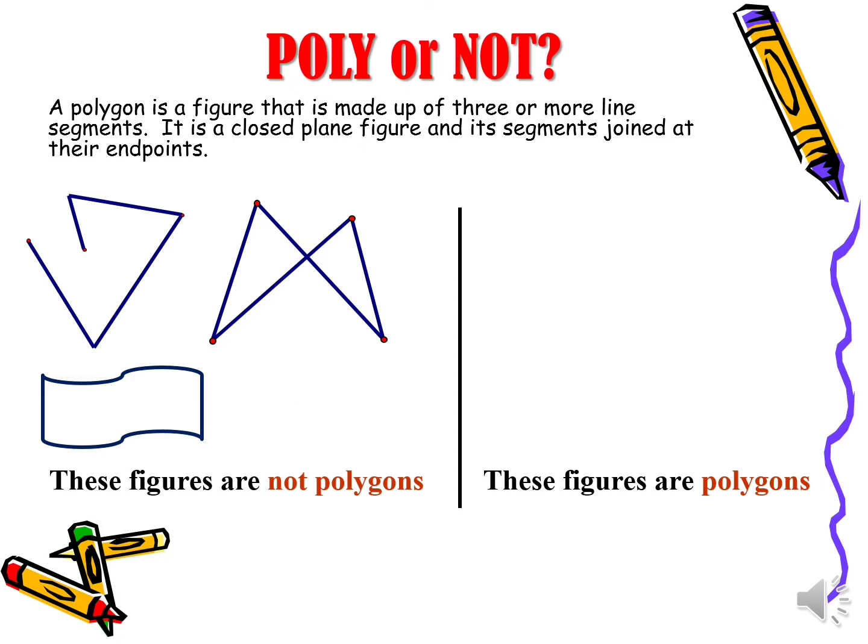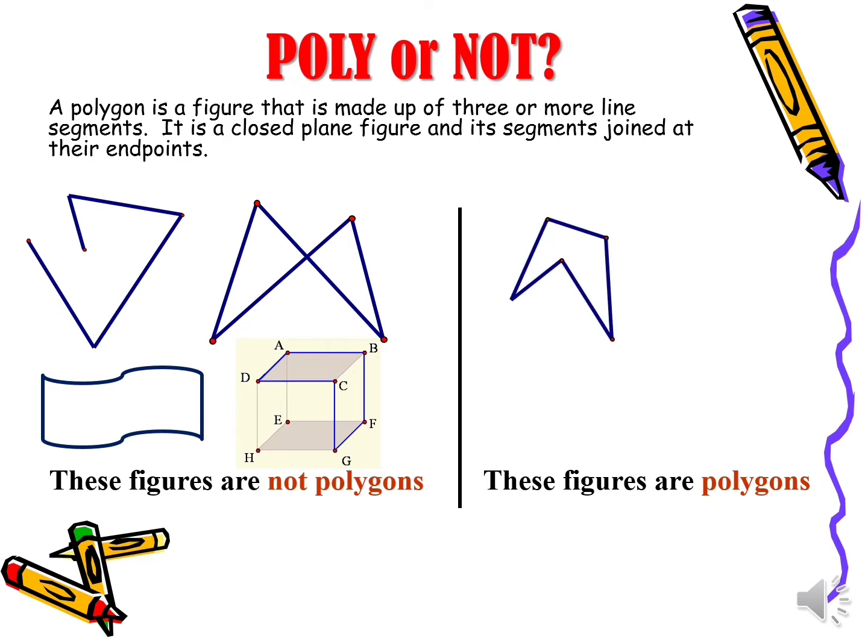At ang ating pang-apat na example ay isang tatlong dimensional na figura. So base sa ating definition, ang isang polygon ay dapat na sarado at patag na figura. So ang 3-dimensional na figura ay hindi halimbawa ng isang polygon. The following figures at the right side are examples of polygons.